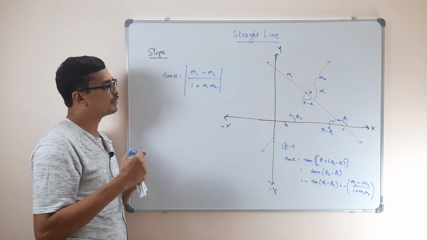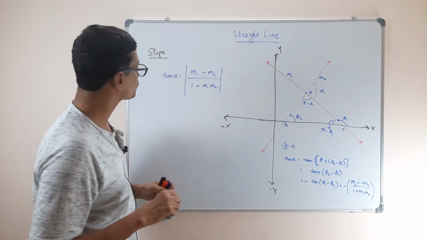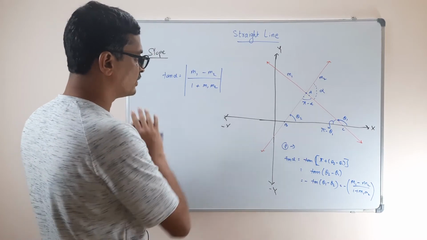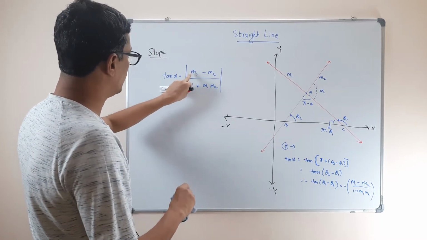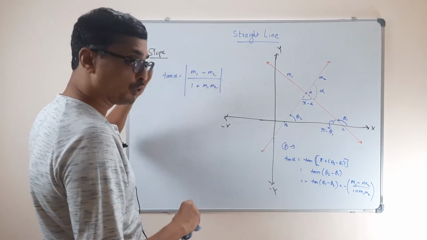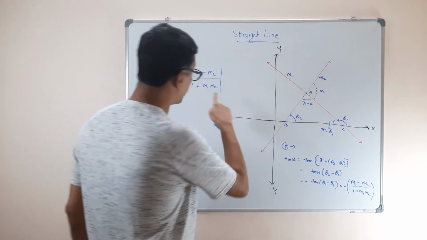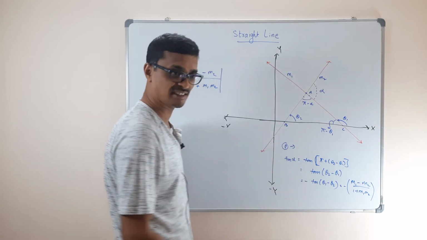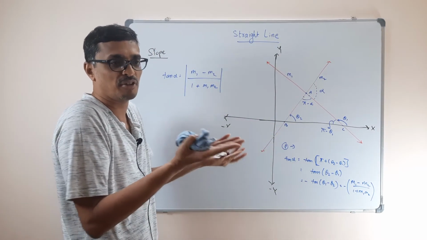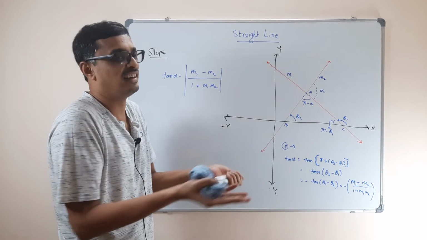So one of the advantages of dealing with slope is that if you are given the slopes of the lines, it is very easy to identify the angle between the lines. If I give you two line slopes, and their product is minus 1, you can tell it is 90 degrees.